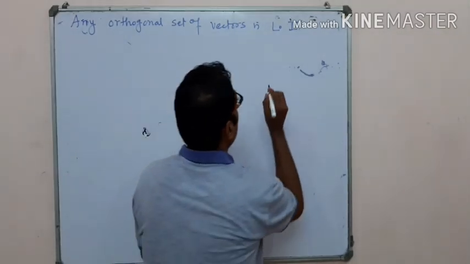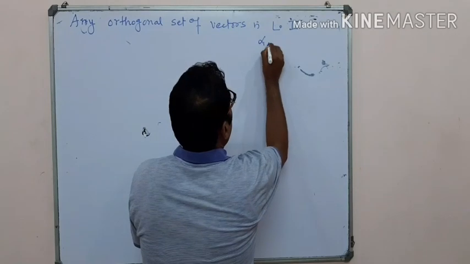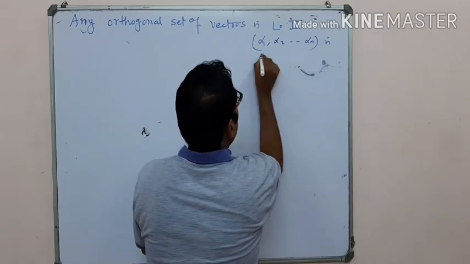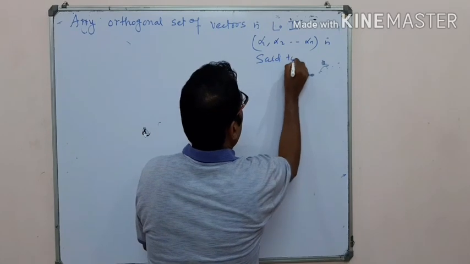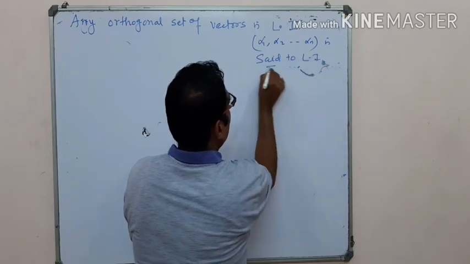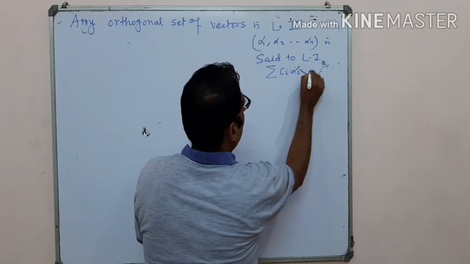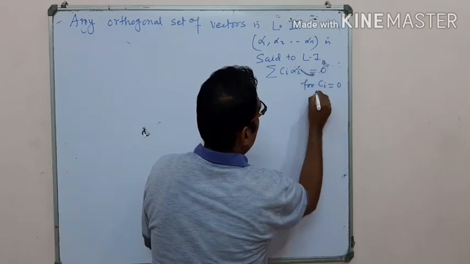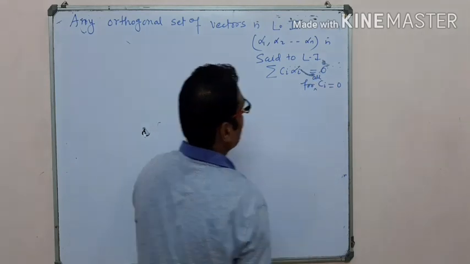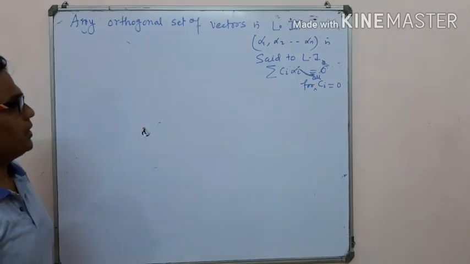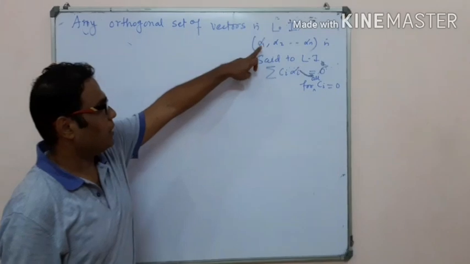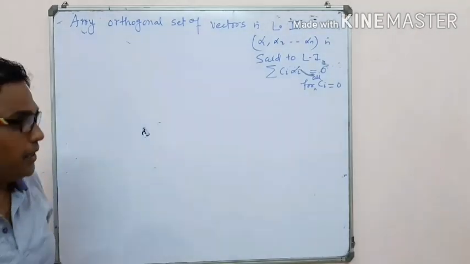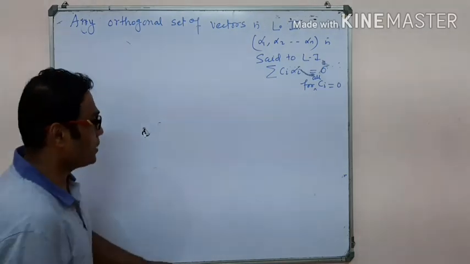Thus, we recall the definition of linear independence. The set of vectors is said to be linearly independent if summation Ci into alpha i is equal to 0 implies all Ci are equal to 0, that is, all the arbitrary constants are equal to 0. Then this set of vectors is said to be linearly independent. So we prove that it is linearly independent by using this concept.